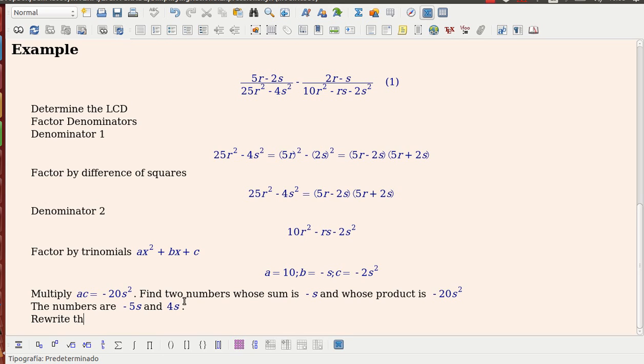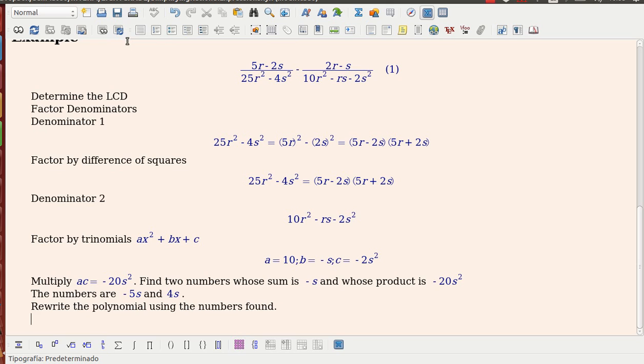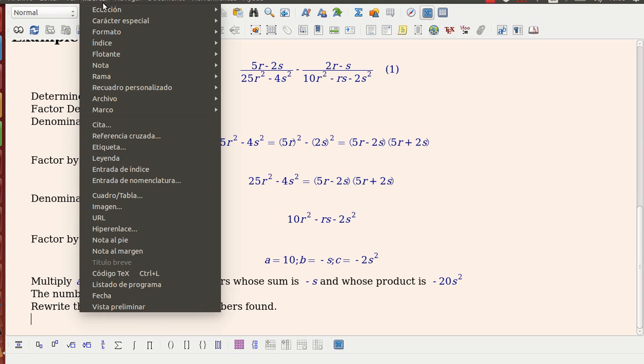Rewrite the polynomial using the numbers found. So let's rewrite the polynomial using the numbers found.